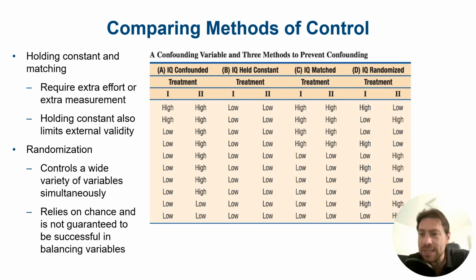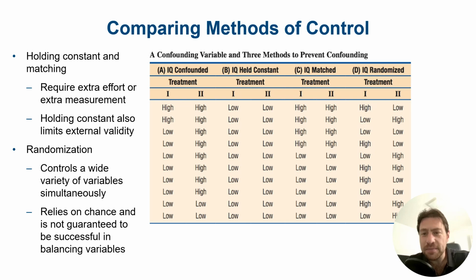Well, C demonstrates the method of matching. Now, if you have a certain portion of high IQ individuals in treatment 1, then you have to ensure the same portion of high IQ individuals in treatment 2 as well. And this allows for greater variation while controlling this variable by eliminating any systematic differences between your conditions.